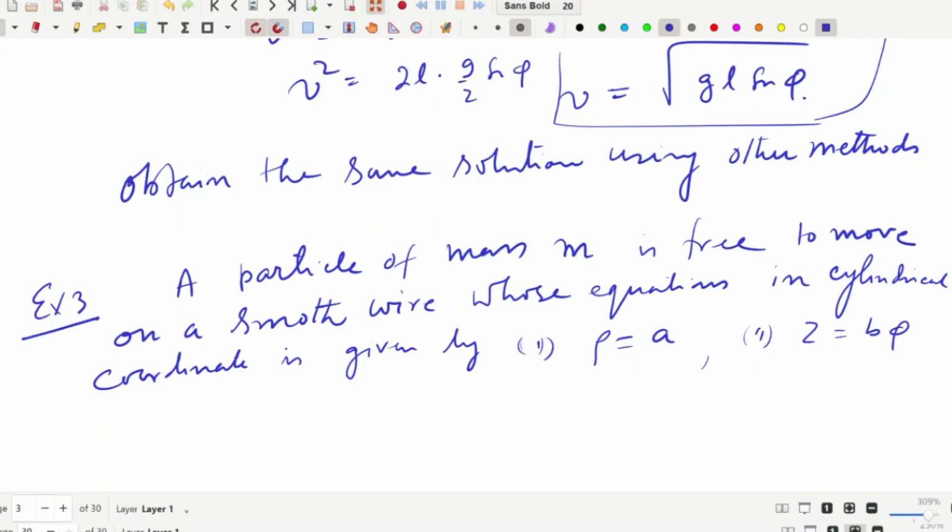Here you see that we are using the cylindrical coordinates rho, phi, z. So find the equation of motion.